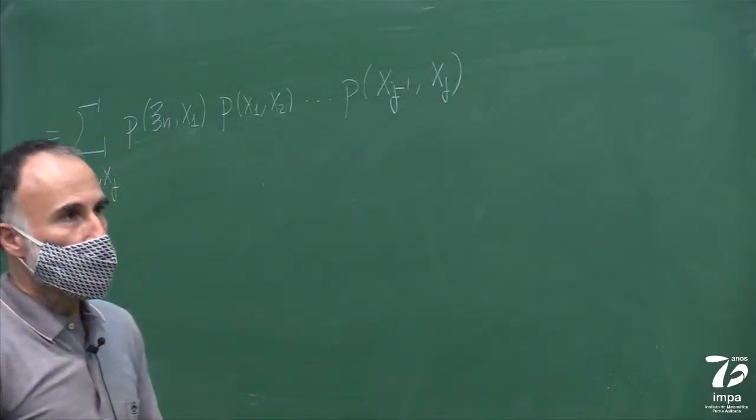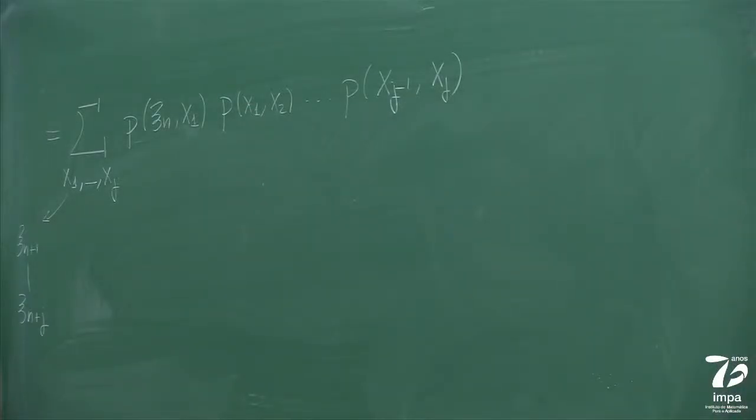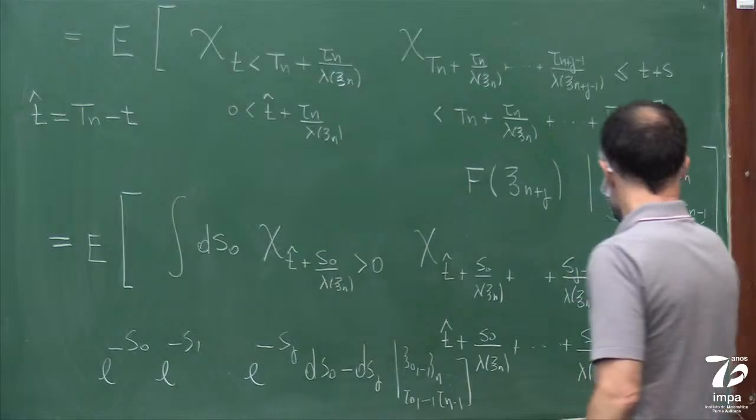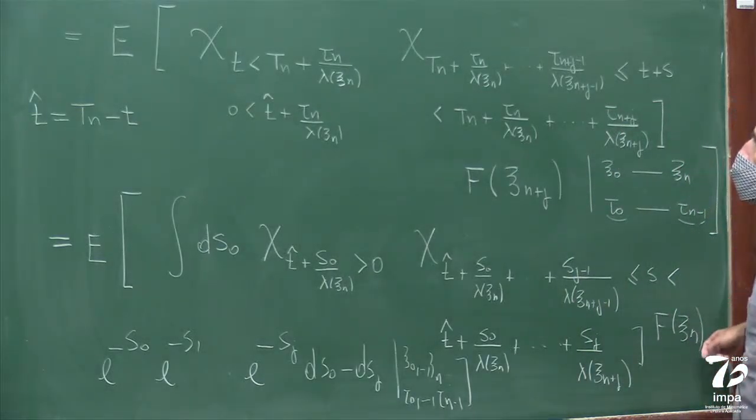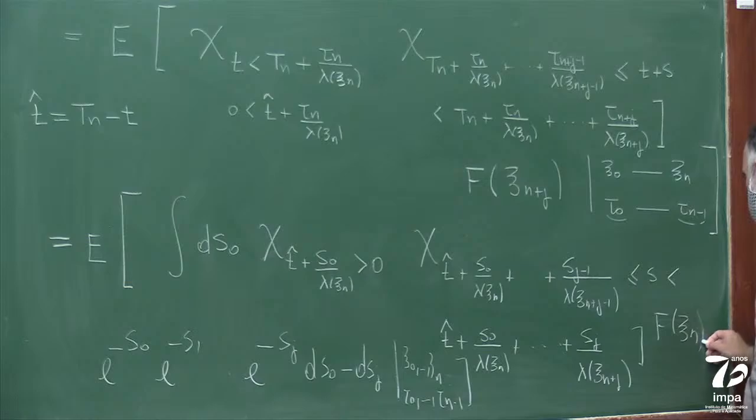So these are the possible values of the xi's. And here xi n plus j is x n plus j.